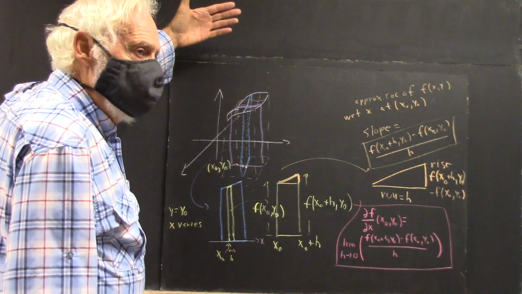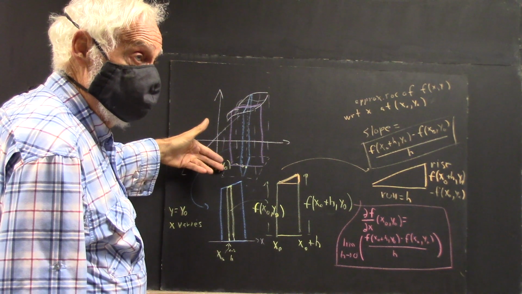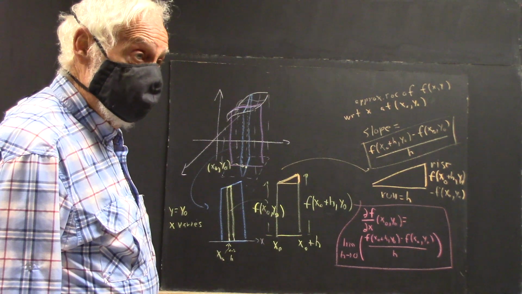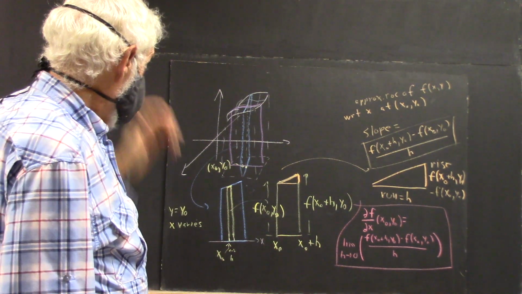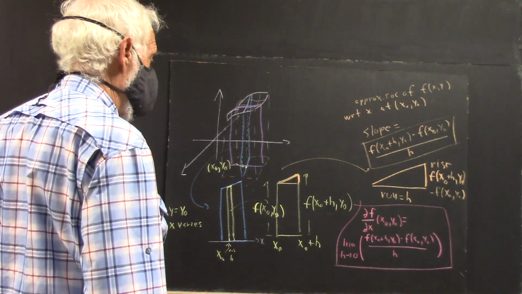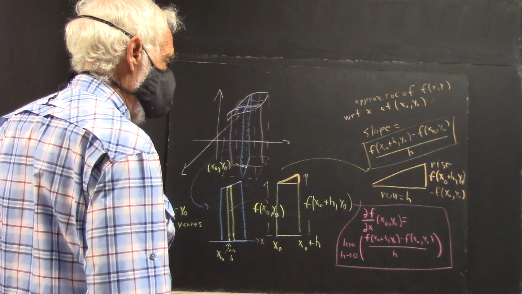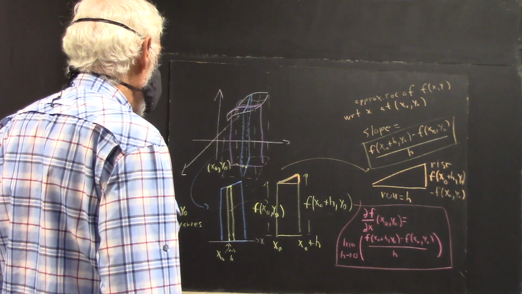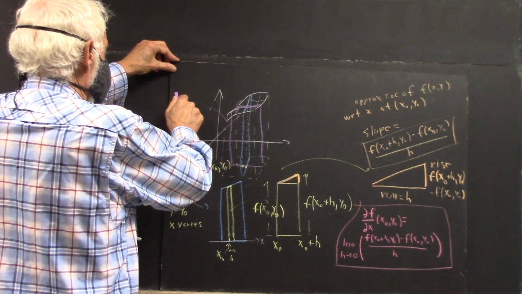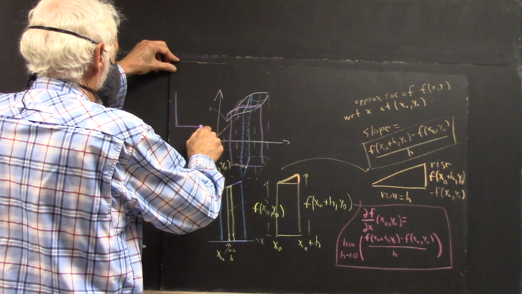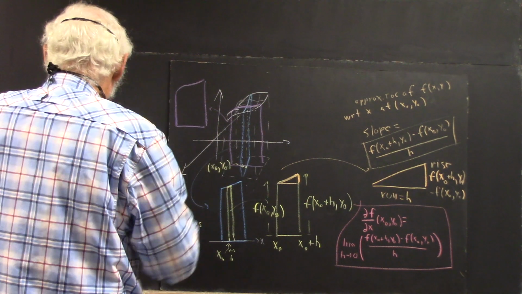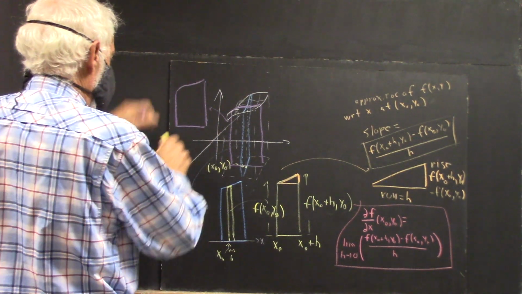And in the plane where x is constant at x naught, y naught, now we have y changing, and we can write the corresponding expression for y. Didn't really leave myself room to do that. I would like to get it on here somewhere. Okay, so I'm going to take this picture here, and move it over here, and make a similar increment here.